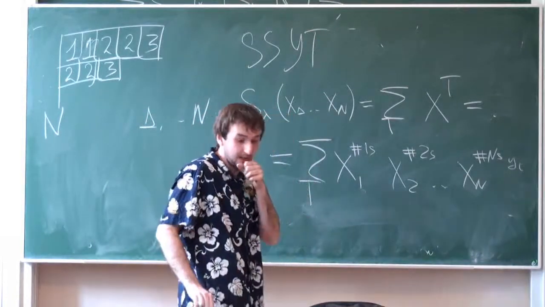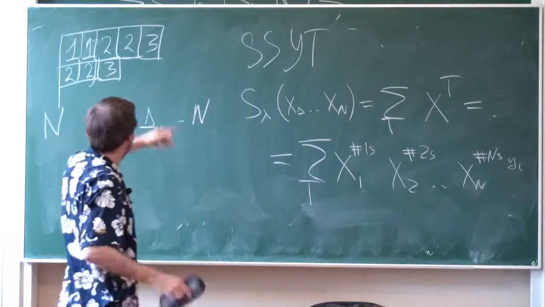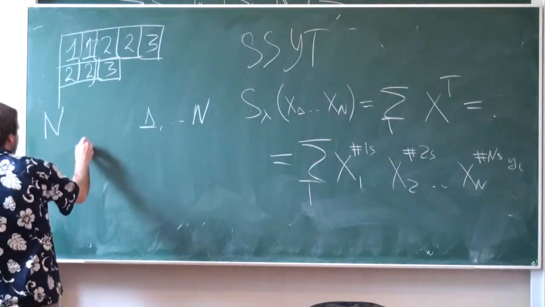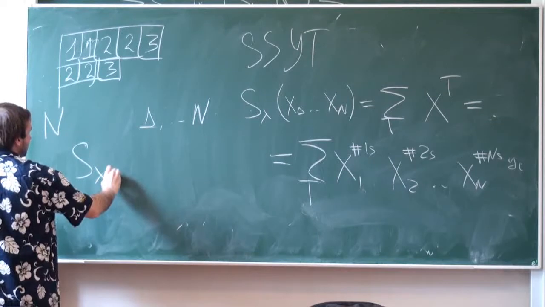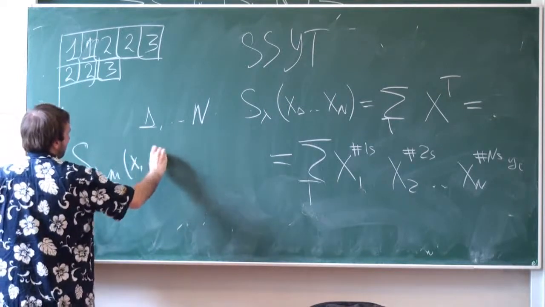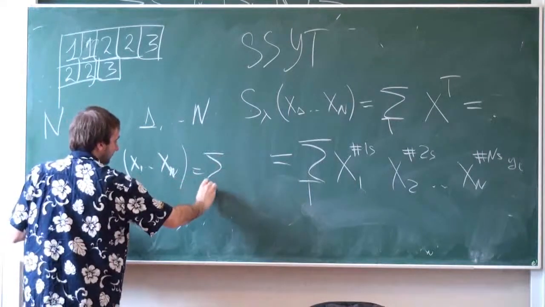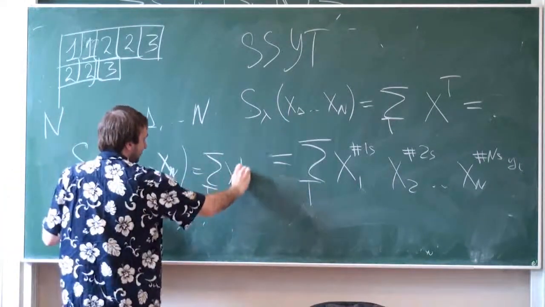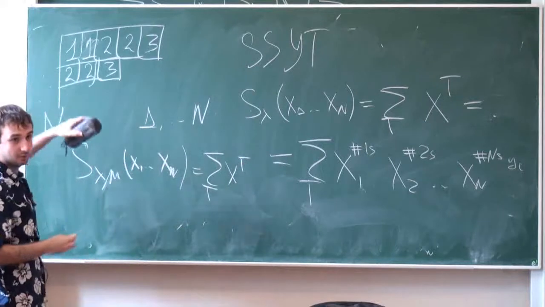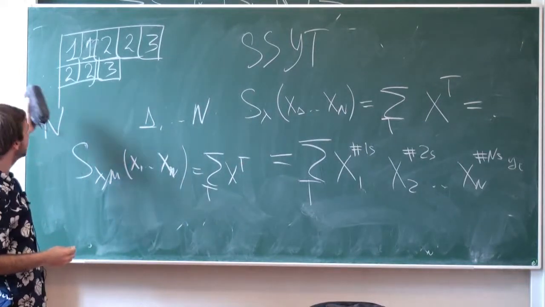Okay. And I also want to remark that there is a similar formula for skew Young diagrams. Basically, it will be again a sum over all tableaux of x to the t, only now you will have to look at skew tableaux. What is a skew tableau?